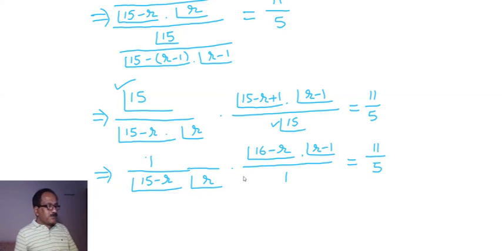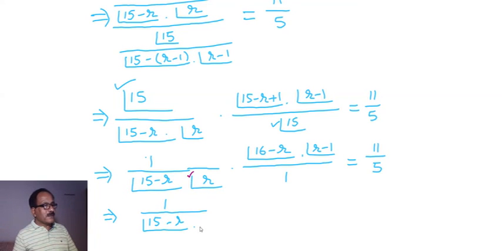See students, again 1 upon factorial 15 minus R. See, in this step, this factorial R may be written as R into factorial R minus 1.